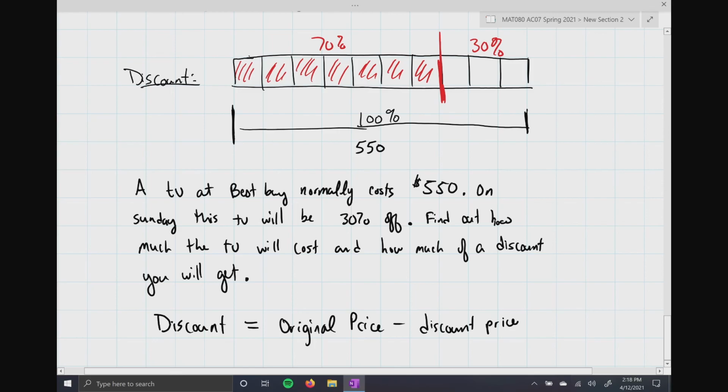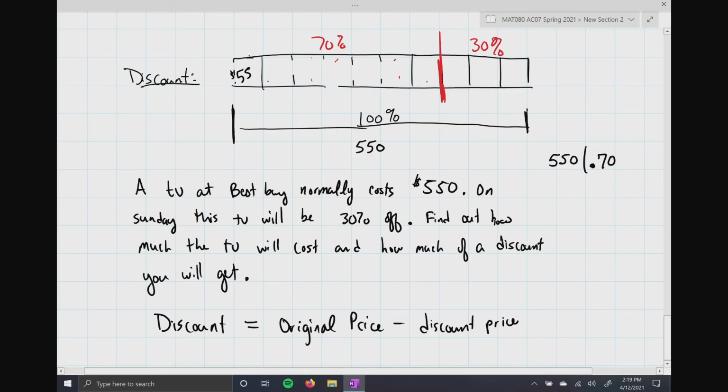So each little box inside this little picture represents $55. So if I wanted to figure out how much this TV is actually going to cost me, I can take 550 and multiply it by 0.70, because that's going to tell me how much they're going to sell it to me for.